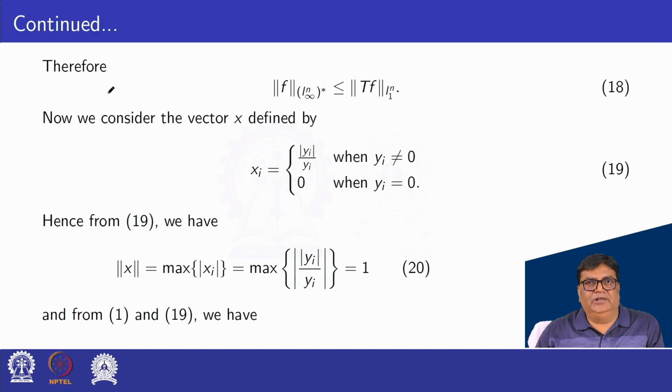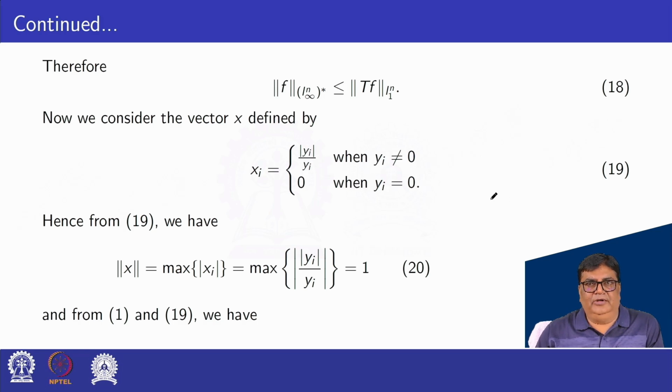Now we consider the vector x defined by this: xi is equal to mod yi upon yi when yi is not equal to 0, and 0 when yi is equal to 0. So x has n tuples. The ith point of x is mod yi upon yi when yi is not equal to 0 and 0 when yi is equal to 0.